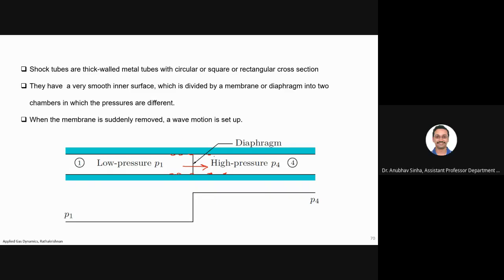I'm exaggerating it. It is not that you will have a very big obstacle. You will have small ones. If your surface finish is not good, your surface will be rough. Rough means you'll have some ups and downs. I'm making it very big, but it will be a small object only.